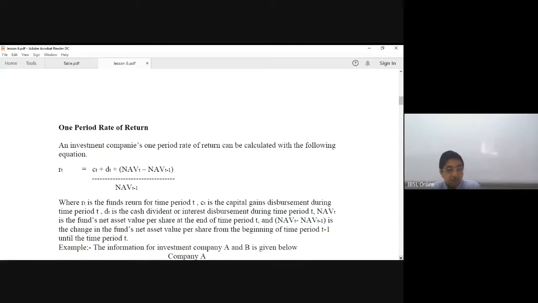And you can see there are two other factors coming here, C_T and D_T. C_T is the capital gains, and D_T is the dividend gains. R_T is the funds returned for time period T. And these also are a simple formula.